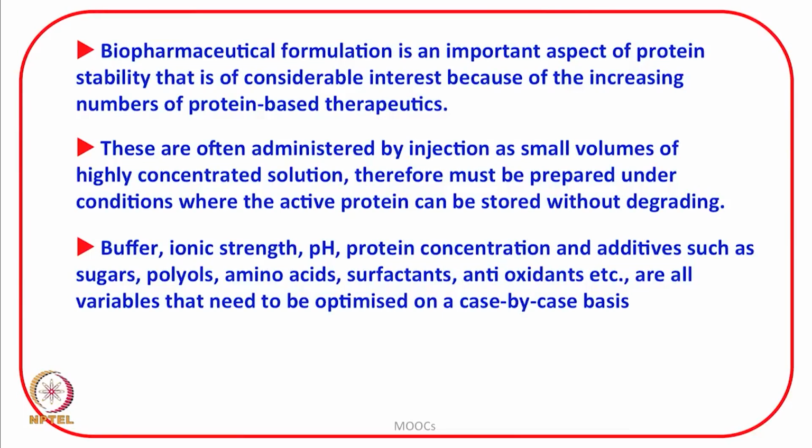As we just discussed, alcohols in general will lead to decrease in the thermal stability of the protein. And as we will discuss a bit later, sugars, polyols, amino acids can even lead to increase in thermal stability of the protein.